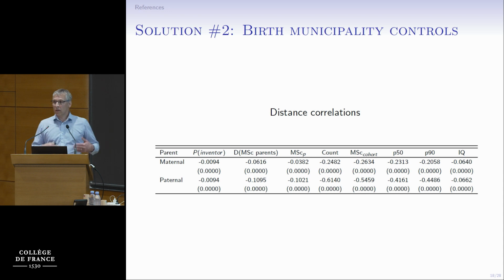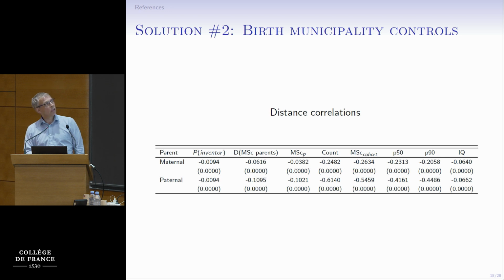To give you an idea of how these controls work, we've correlated log maternal distance to nearest university and log paternal distance to nearest university, first with our outcome, negative correlation, with our measure of parental education, negative correlation, with the probability that the parent in question has a master's degree, with the size of the birth cohort in that municipality, with the fraction of people in that cohort getting a master's degree, earning above median wage, earning top 10% wages, and finally, offspring IQ.